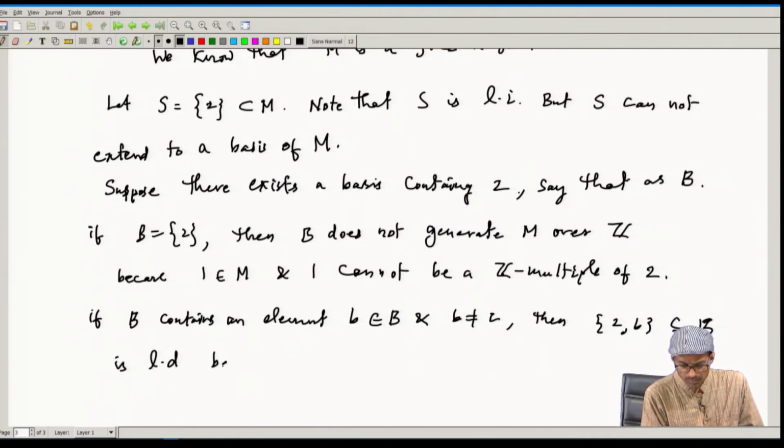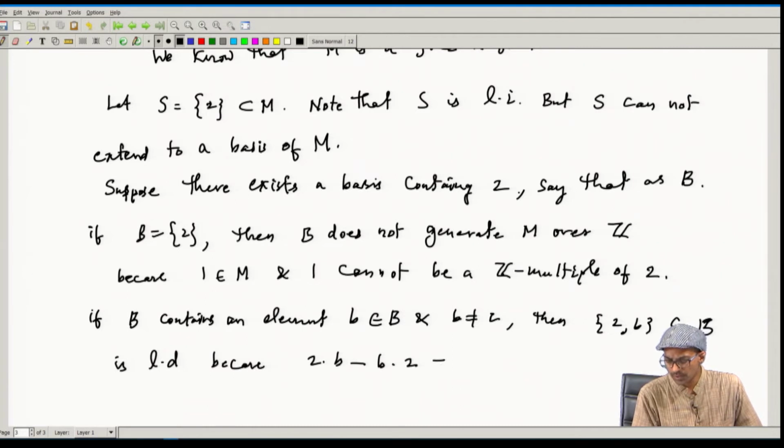Why? Because of this relation: 2 times b minus b times 2, this is 0. This is our non-trivial linear combination equal to 0. Why? Because this b belongs to B and this 2 also belongs to B.